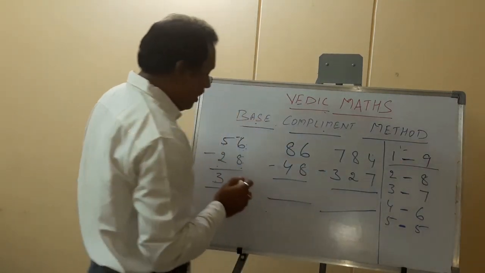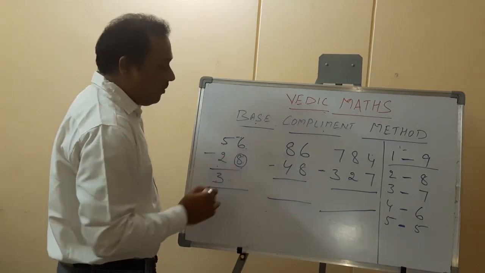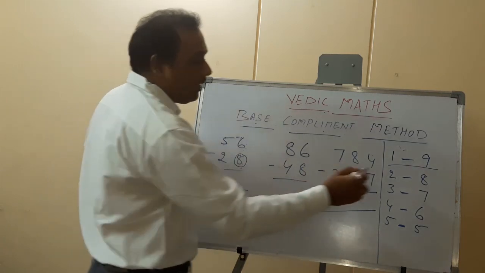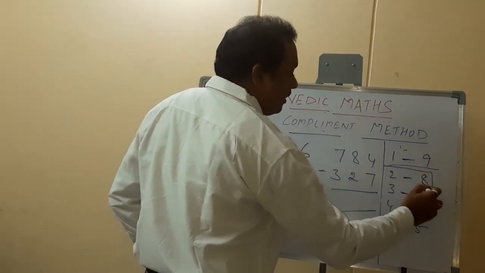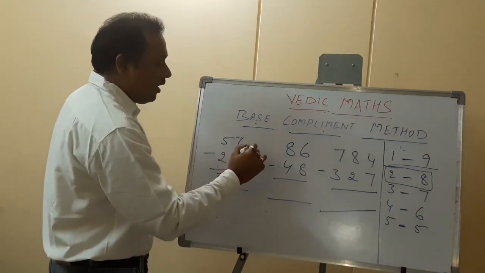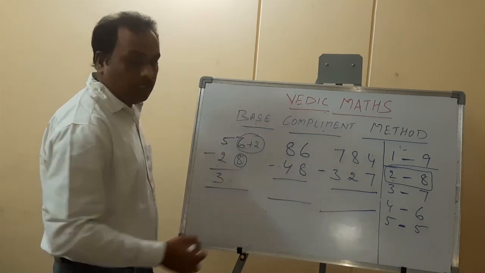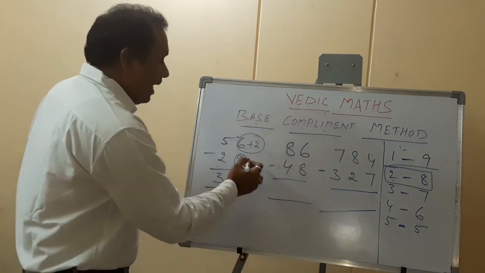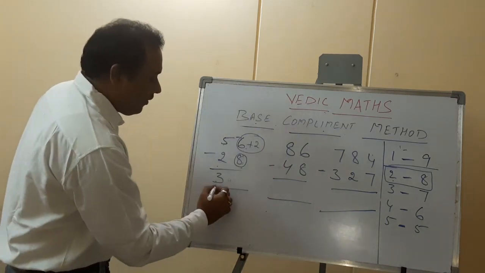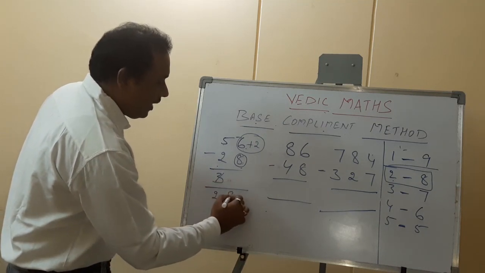For 8, what is the complement? The complement of 8 is 2, right? Then we have to take the 2 and add it to 6. As we are going for the complement, we have to reduce 1. So it will become 2 and 8.